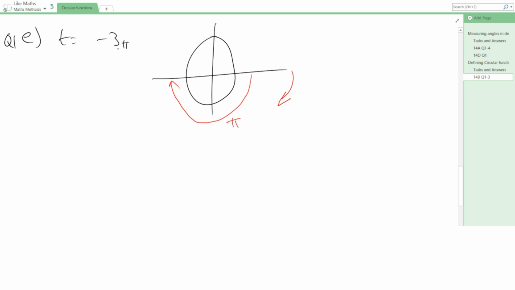So this time we're going around 3 pi, which means we're going around 3 half times, if that makes sense. So 1, 2, 3. So there. So the x and the y: over here, y is 0, x is equal to minus 1. That's given by the sine of the angle, and that's given by the cos of the angle.